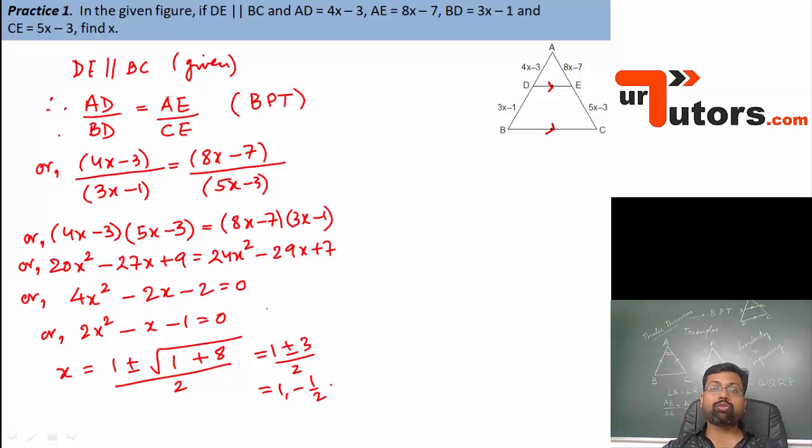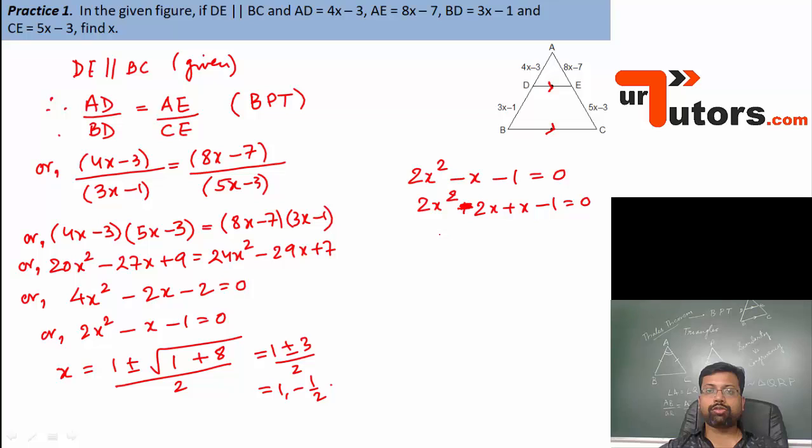This over here I use the quadratic formula. In case you have not yet studied the quadratic equations, you can also do it by splitting the middle term. You split the middle term by doing what? Minus 2x here and plus x over here.